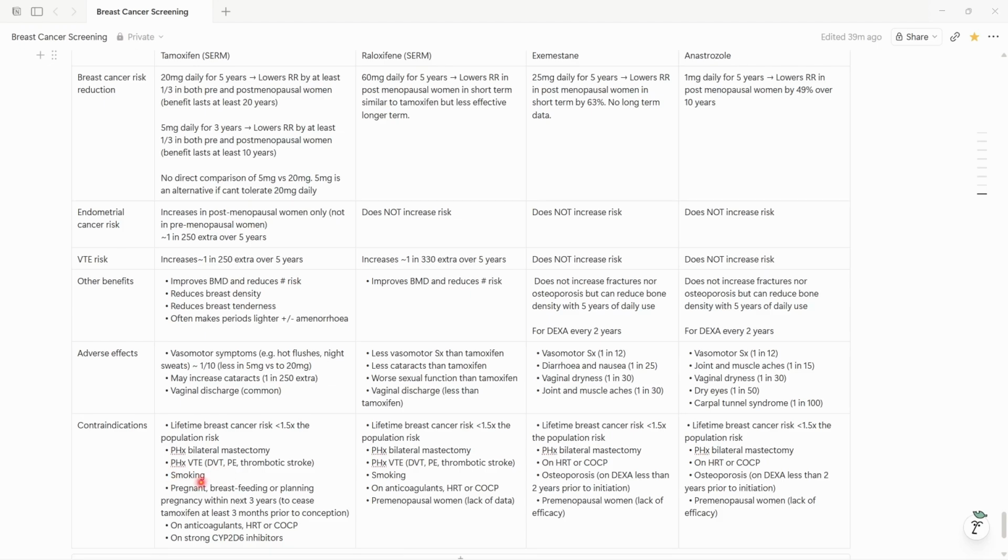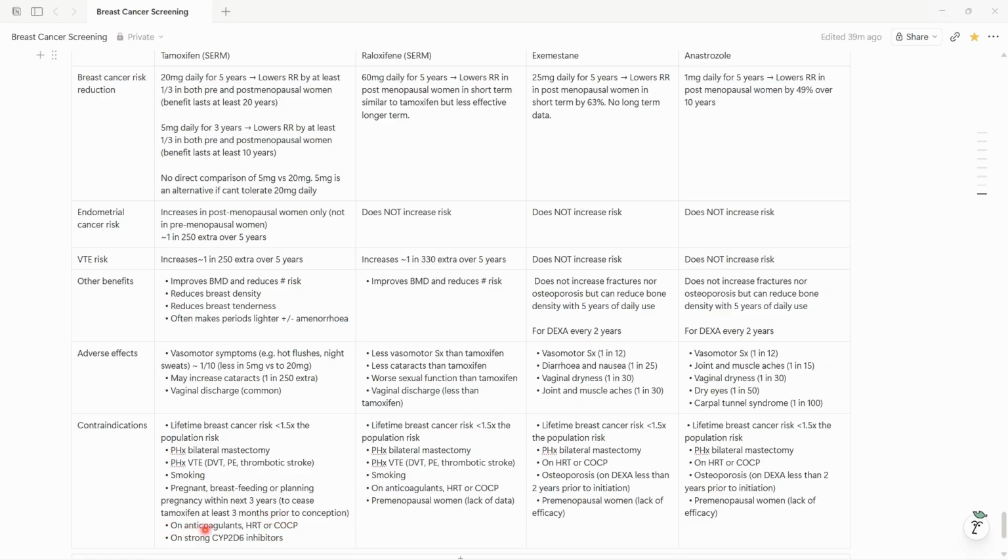If they are smoking, we also don't recommend tamoxifen because that increases their risk of blood clots significantly. If they are pregnant, breastfeeding, or planning a pregnancy within the next 3 years, then we also don't recommend tamoxifen. If they are planning on becoming pregnant and they are on tamoxifen, then they should stop tamoxifen at least 3 months prior to conception.